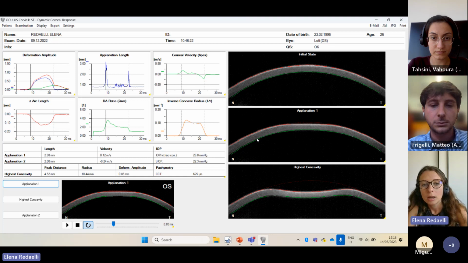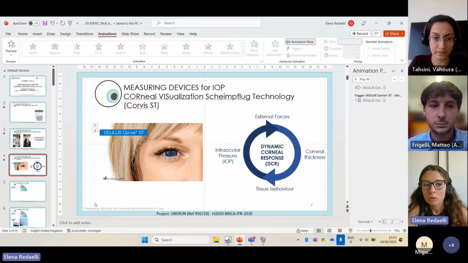Okay, so I think that Corvis is a very useful method to have deformation information of the cornea. But then it is important to decouple these four factors.